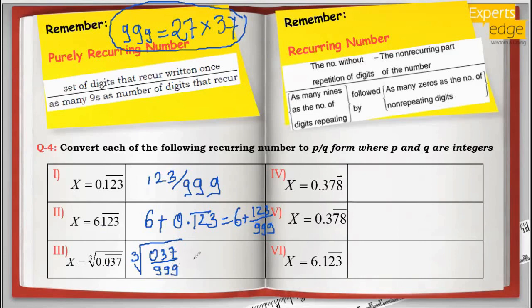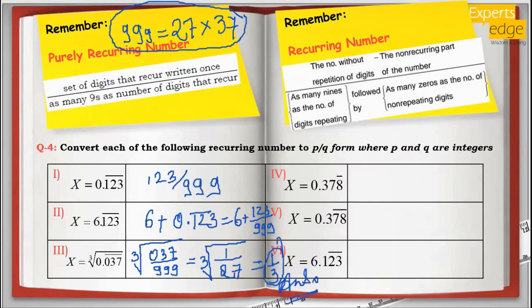Basically 37 upon 999. I know this 999 is 37 into 27, so 37 will get cancelled out. So this comes out to be cube root of 1 by 27. And basically 1 by 27 is nothing but the cube of 1 by 3. So the final answer we'll get from this is 1 by 3.